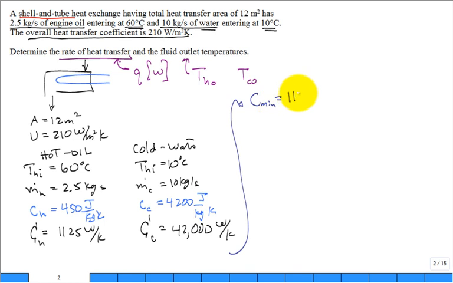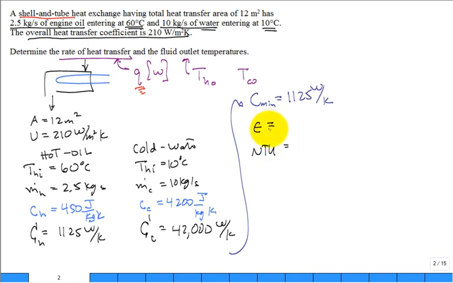Yeah, 1125 watts per Kelvin, isn't it? And if I'm looking to calculate the Q, do I want to calculate the effectiveness or the number of transfer units? Where is Q embedded?